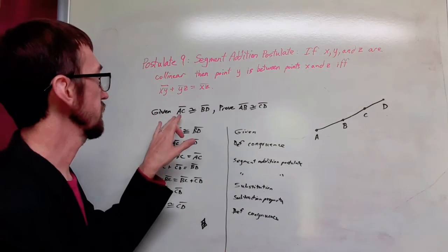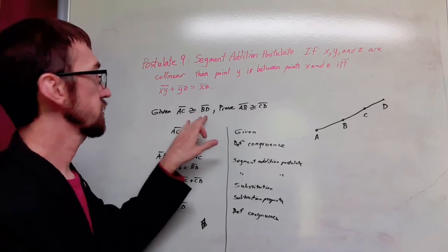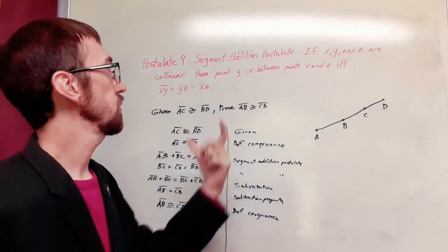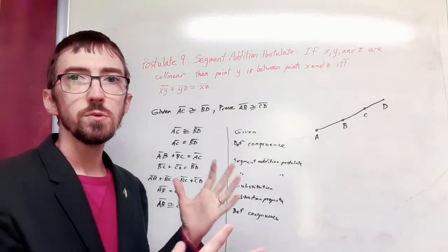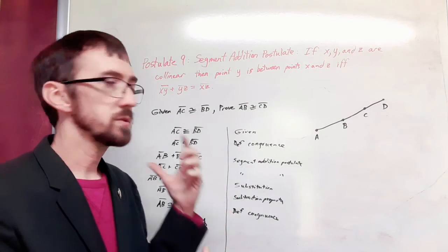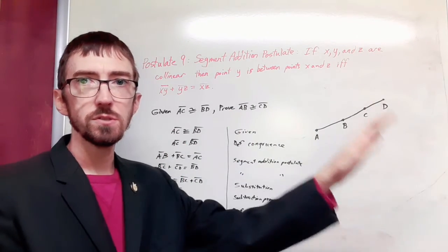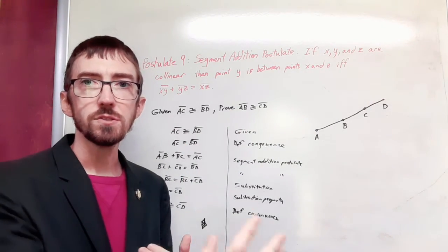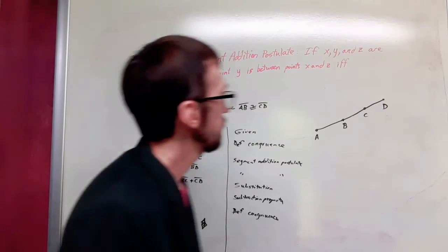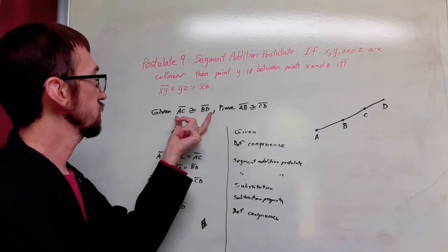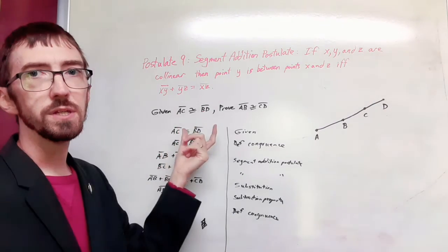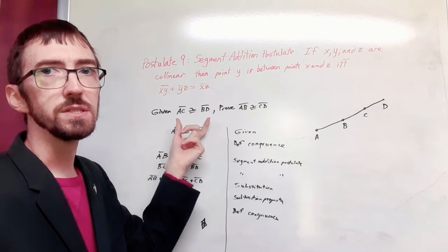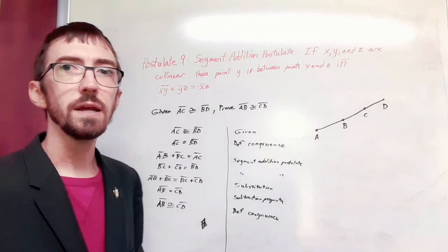If you know something like AC is congruent to BD, and then you know another statement that BD is congruent to some other segment, you can bring those together to say that AC is congruent to that last segment as a transitive property. And then you can also reverse this order by symmetry. You can say that AC is congruent to BD, and then symmetrically BD is congruent to AC.